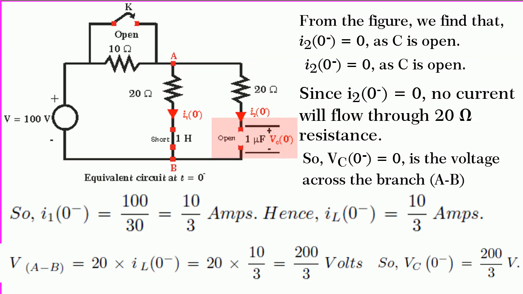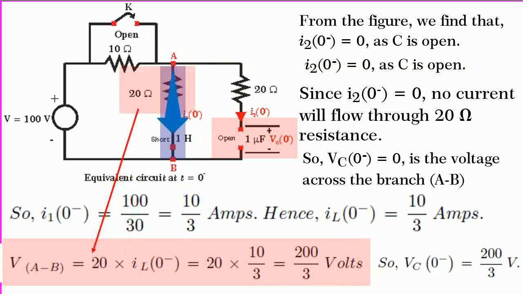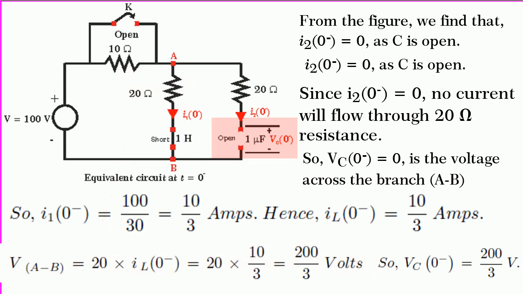To find Vc(0-), let us write Kirchhoff's voltage equation for the branch AB. We find that VAB is equal to 20 into IL(0-), which will give us 200 divided by 3 volts.